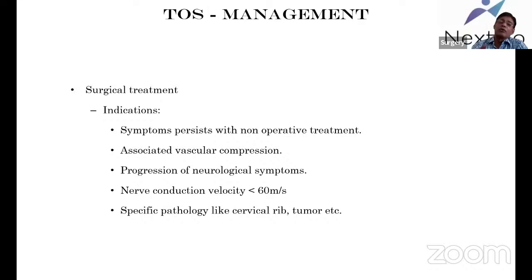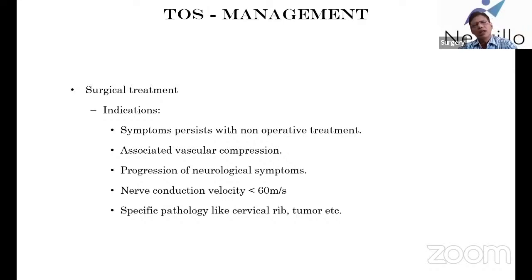If there is a progression and aggravation of the neurological features, if the nerve conduction velocity is less than 60 meters per second, and if there is some specific pathology like a cervical rib or tumor, etc. And the surgical management is to remove the offending pathology.